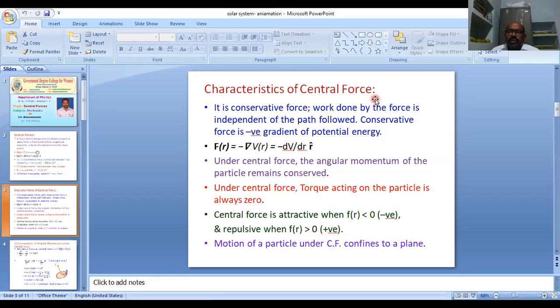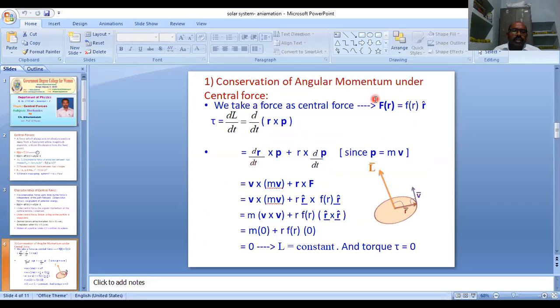Under central force, angular momentum of the particle remains conserved, and torque acting on the particle is always zero. Central force is attractive when f of r is less than 0 and repulsive when f of r is greater than 0. The motion of a particle under central force is confined to a plane. So we have seen these points.